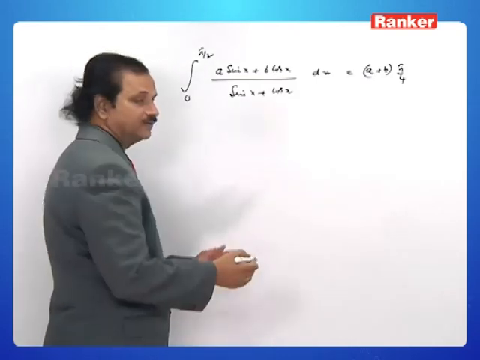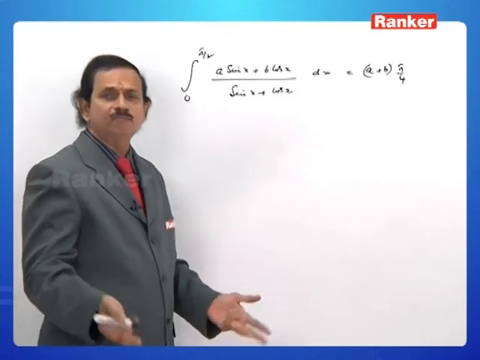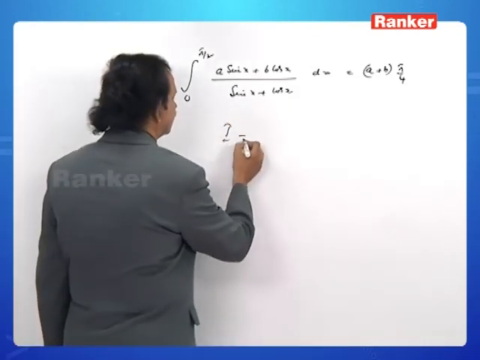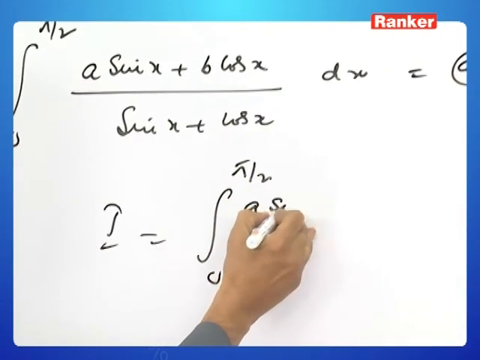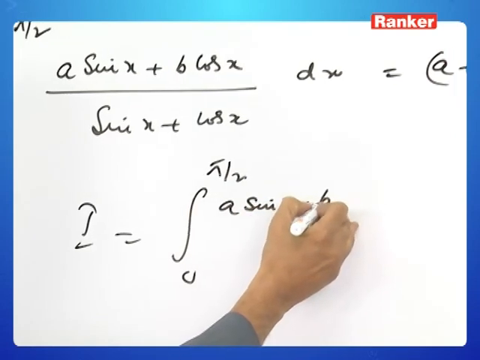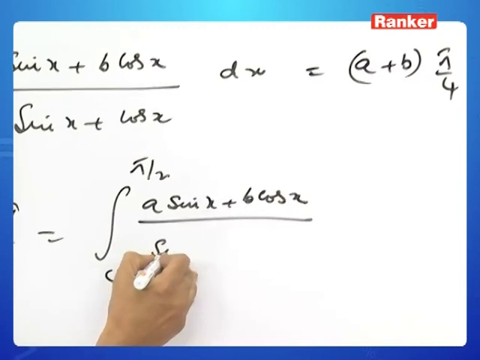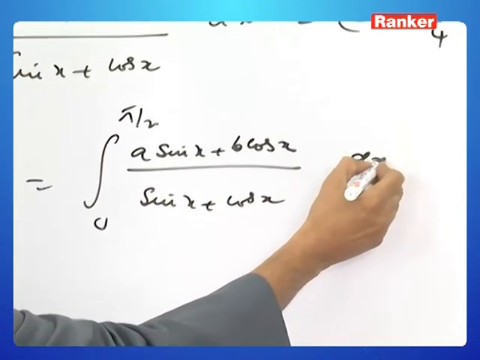Okay, let us observe its proof. It's very simple. Come on, I is equal to integral 0 to pi by 2 a sin x plus b cos x by sin x plus cos x dx.